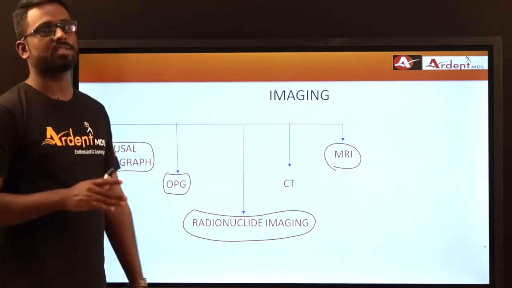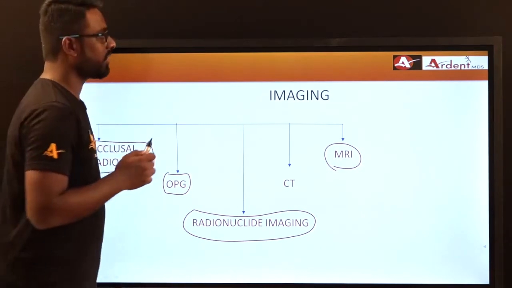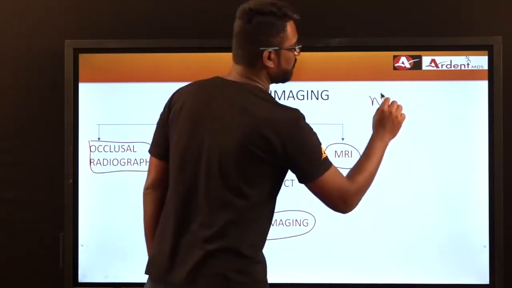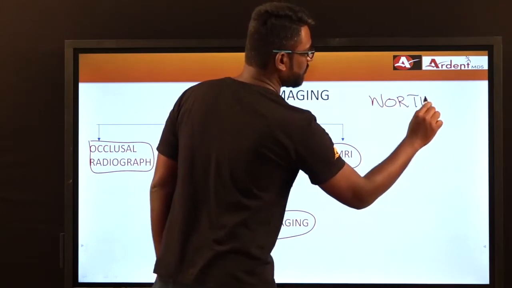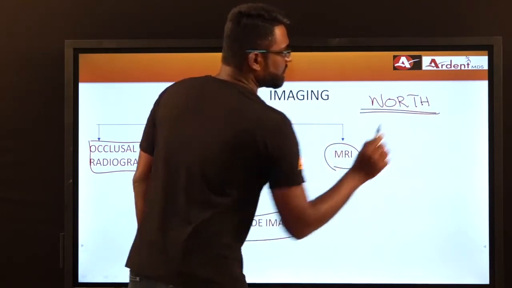So what are all the features that you can see in a radiograph of osteomyelitis? It was described by Wirth. Three things he described.